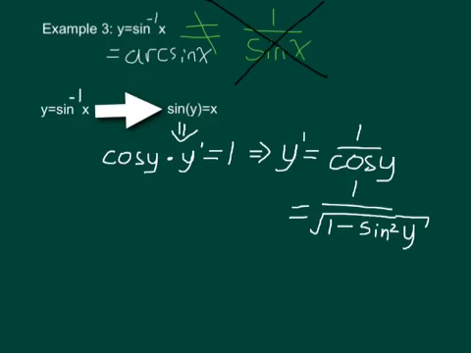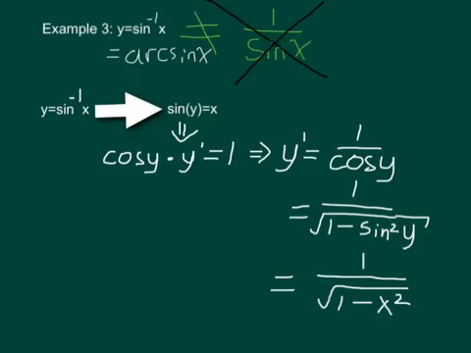And even further than that, we know that sine y equals x. So instead of sine y, we can just substitute x. So we found that the derivative of arc sine x is 1 over the square root of 1 minus x squared. We could have kept it like this, but it's always easier to work with something with x's.